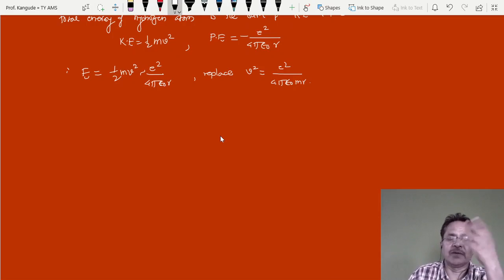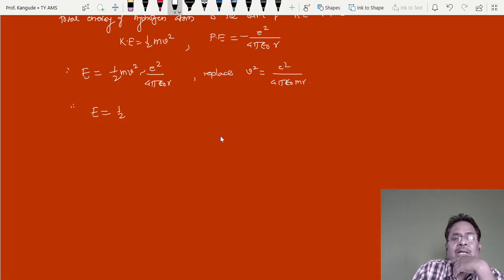Okay, from the earlier equation number 3 gives you v = e/√(4πε₀mr). So I can write v² = e²/(4πε₀mr). Replace this v there and you will get capital E = 1/2 m (e²/(4πε₀mr)) − e²/(4πε₀r).